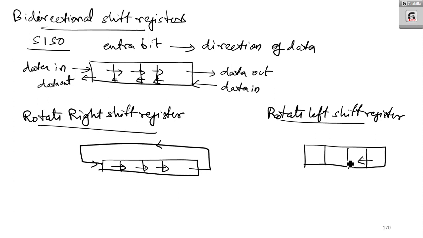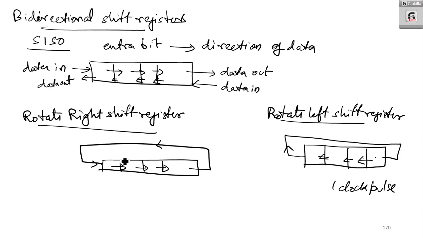So data will be flowing like this to the left, and from here it is fed to the last one. So that is how the data travels. The only thing we need to take care of is that one bit of data will be transferred from one flip-flop to the next one in one clock pulse.